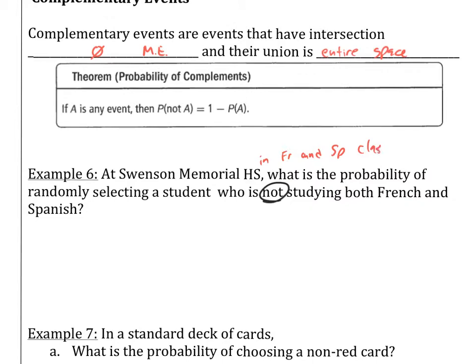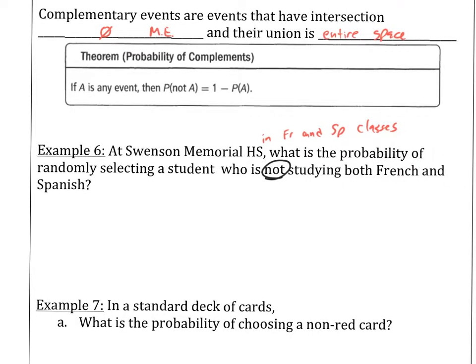So not the entire school. We're going into the French and Spanish classes and randomly selecting somebody. Okay. So the question is, in that sample space of those French and Spanish classes, what's the probability of randomly selecting a student who is not studying both French and Spanish?